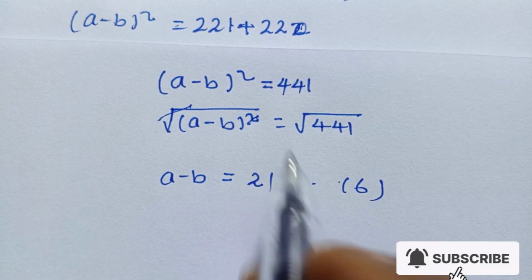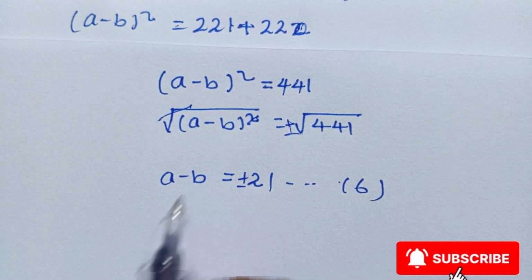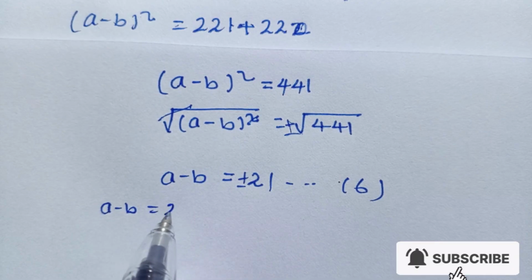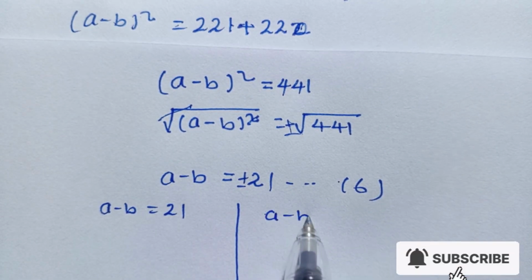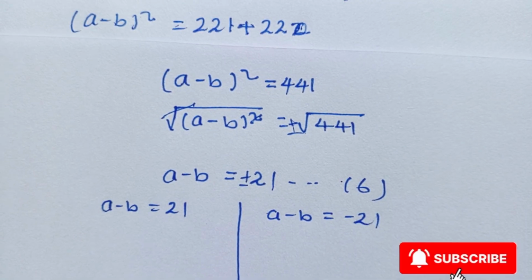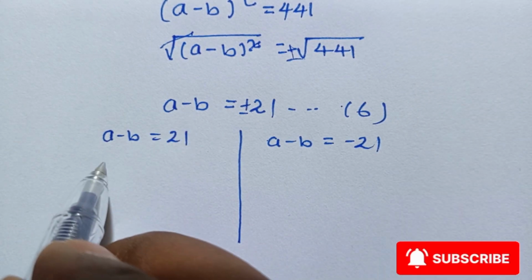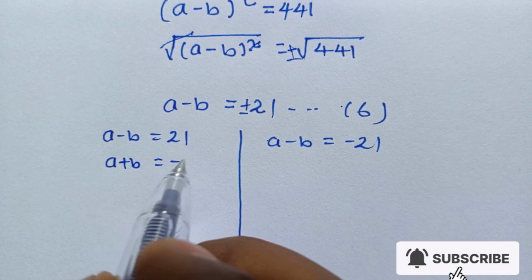Plus or minus: a minus b equal to 21 and a minus b equal to minus 21. Here from equation 3, a plus b equal to minus 1.